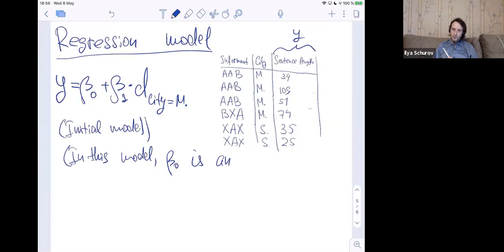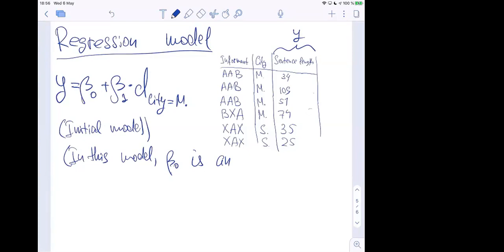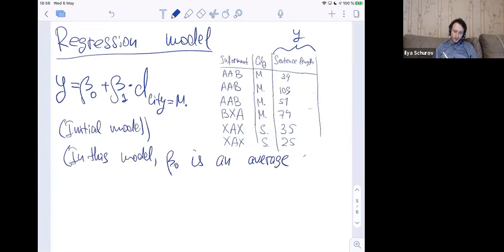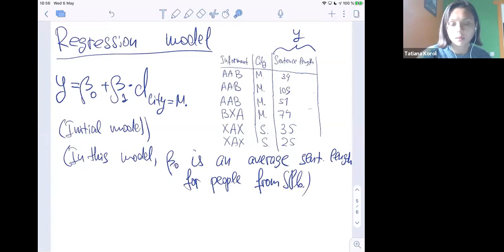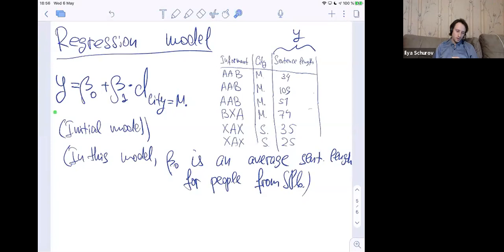Any ideas? We discussed this. It is the average sentence length for people from St. Petersburg. Correct. Everybody agree? I didn't get the idea why people from St. Petersburg here. Okay.